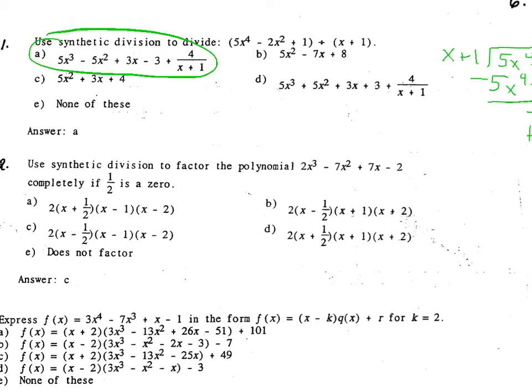In number 32, we need to use synthetic division to factor the polynomial. So we know that 1/2 is a 0. So we're going to use that on the outside. So if I drop down the 2, I'm going to have a 1 and a negative 6, a negative 3, a 4, and a 2.